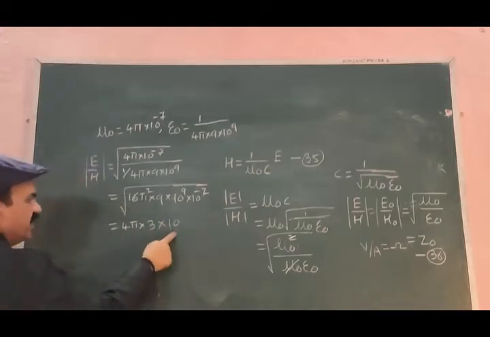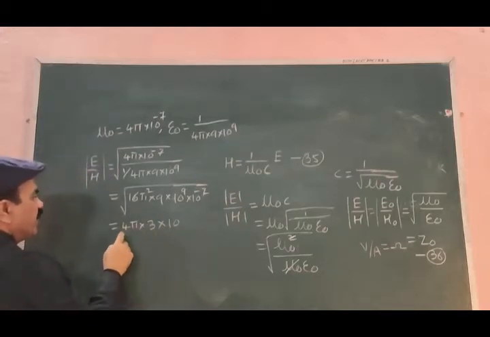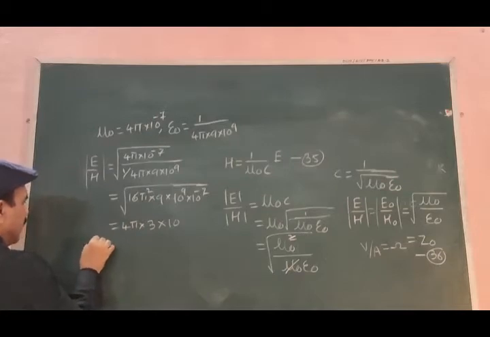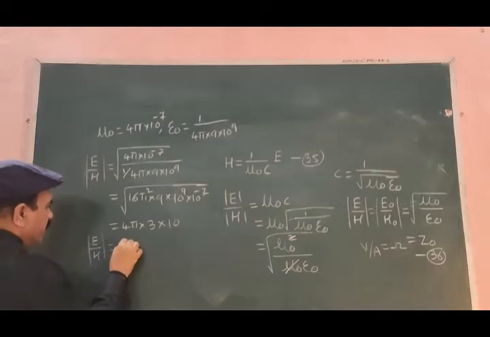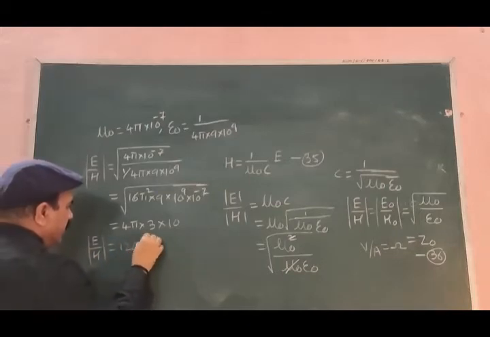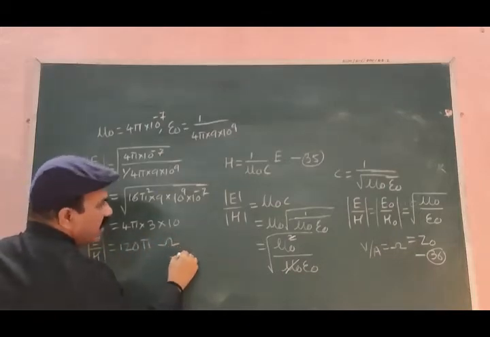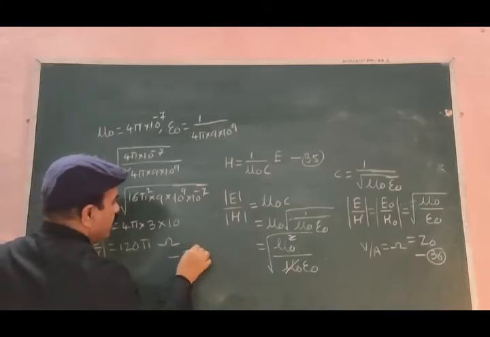So 4 into 3 is 12, 12 into 10 is 120, and therefore this modulus of E by H is 120 pi ohm, equation number 37.